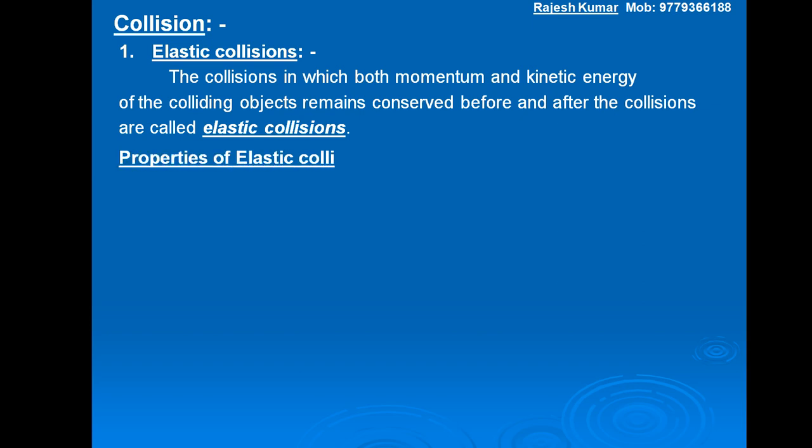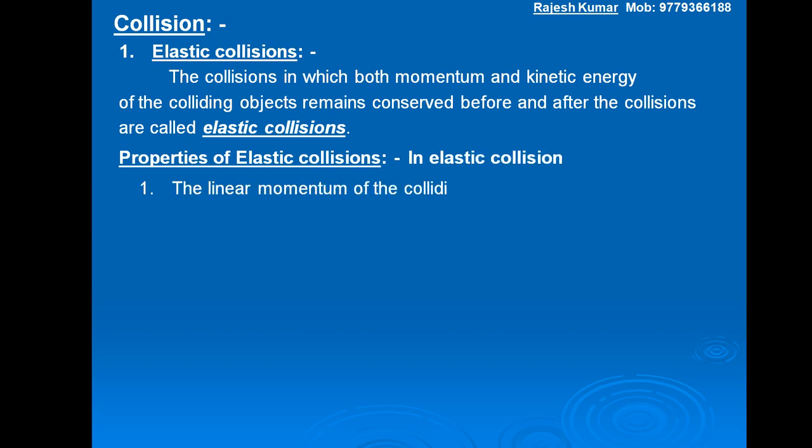Now properties of elastic collision. In elastic collision, number 1, the linear momentum of the colliding objects remains conserved. That is, linear momentum before collision and linear momentum of the colliding objects after collision must be equal.